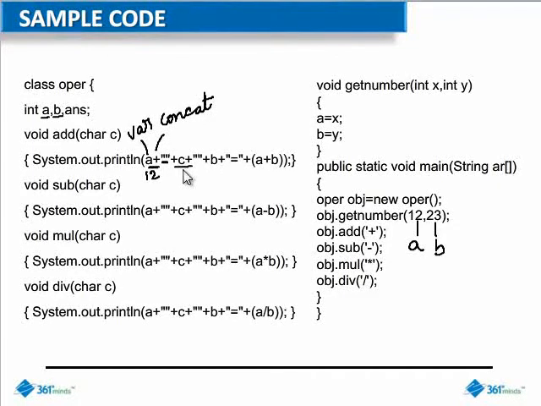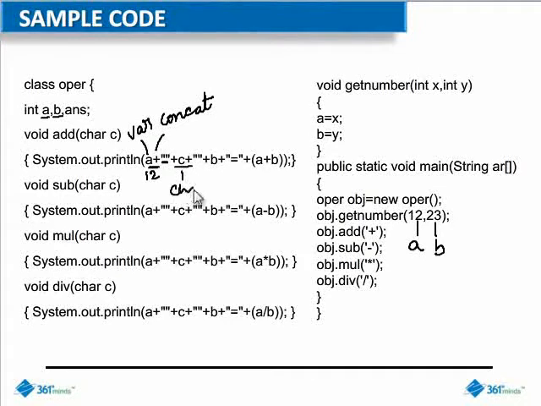So what does the C stand for? As you can see, I have initialized char C as a character. So I have passed a character inside, therefore that character is what I am passing.